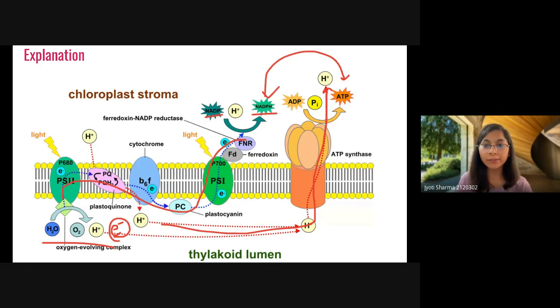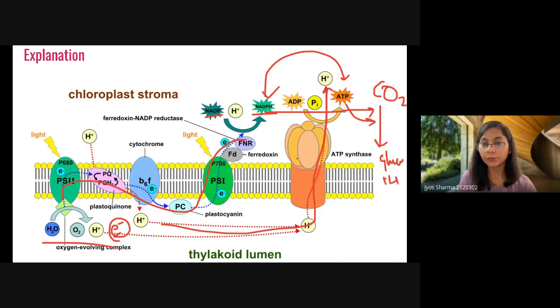And what will happen in the dark reaction, because you know that plants take CO2. We have generated this NADPH, we have generated ATP. This NADPH and ATP will be utilized to convert this CO2 to glucose and water.